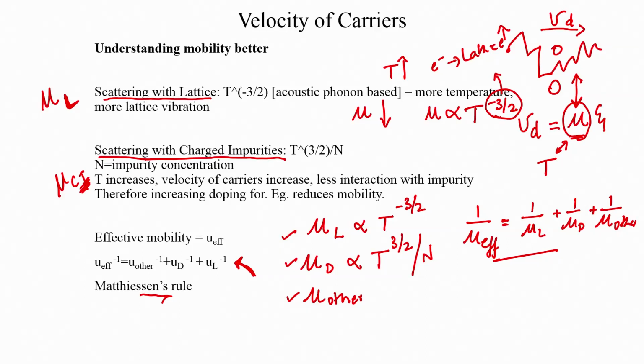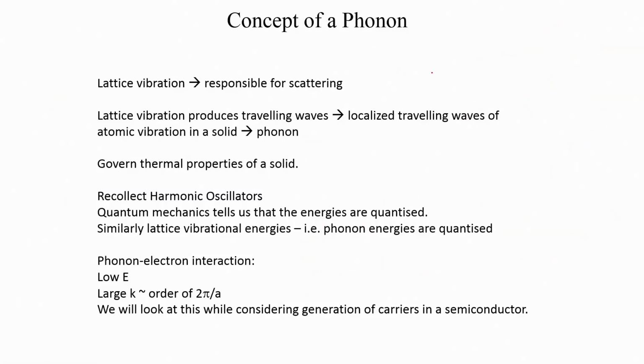Now, we said that the scattering with a lattice is dependent on acoustic vibrations, or on thermal energy, and on the vibrations of the atoms in the lattice. Since we are talking about the electron interaction with the lattice, and in particular the vibrating atoms or lattice sites, it is useful to define an entity called a phonon.